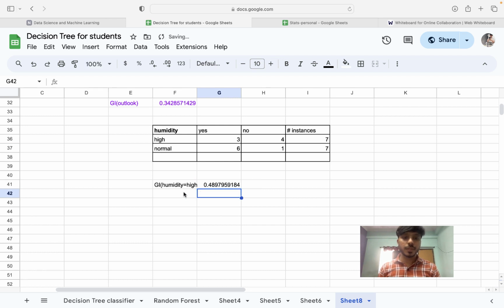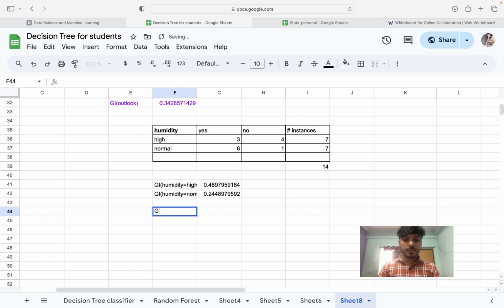Okay, so again Gini impurity when it is normal: 1 minus 6 by 7 whole square minus 1 by 7 whole square. Okay, so this is 14 again.